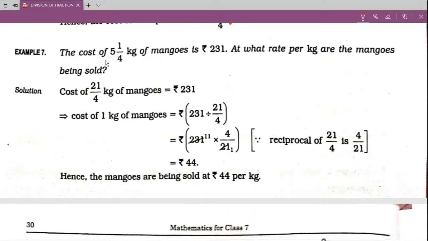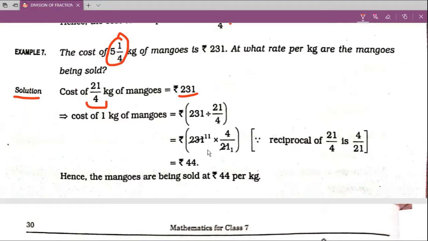Example number 7. The cost of 5 whole 1 by 4 kg of mangoes is rupees 231. At what rate per kg are the mangoes being sold? Solution. Cost of 21 by 4 kg of mangoes. Here these mixed fractions will change into improper fractions, and the cost of 21 by 4 kg of mangoes is rupees 231. Cost of 1 kg of mangoes is equal to rupees 231 divided by 21 by 4 kg. 231 into the reciprocal of 21 by 4, which is 4 by 21.